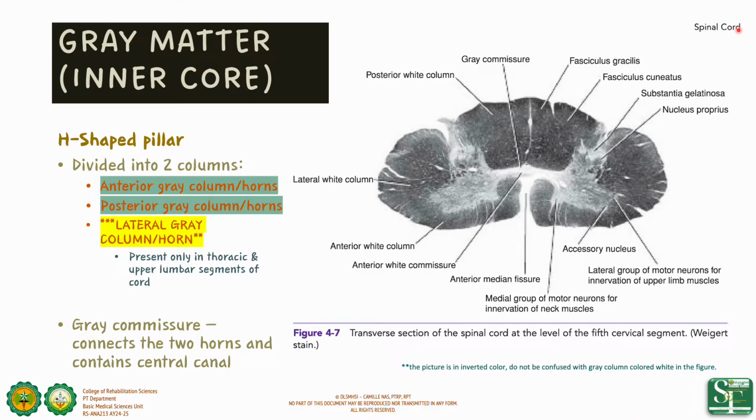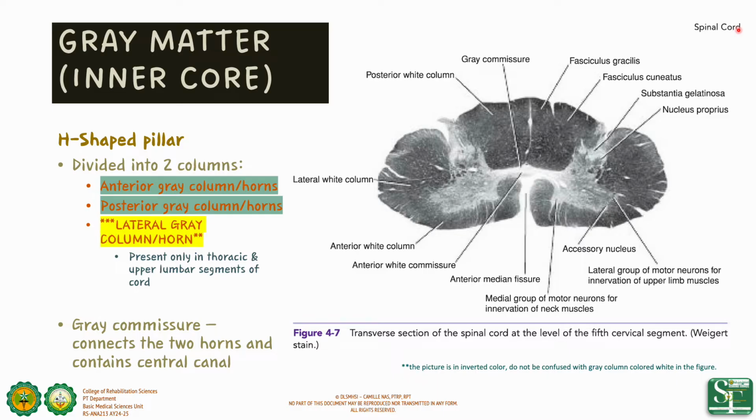So we have anterior gray horn and the posterior gray horn. Now there are some segments of the spinal cord that also have a lateral gray horn, and those are only present in the thoracic and the upper lumbar segments of the cord. The rest wala tayong lateral gray horn.